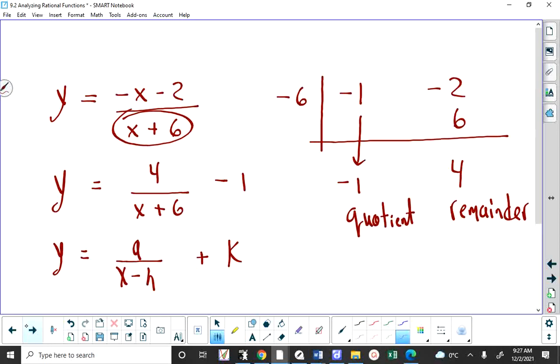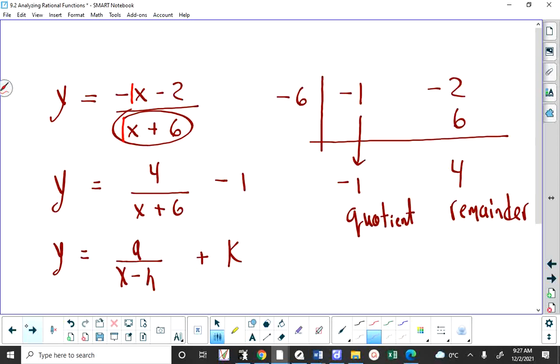You know what? I'll tell you right now. K is always going to be, in these questions, the coefficient of the x on the top divided by the coefficient of the x on the bottom. Always.